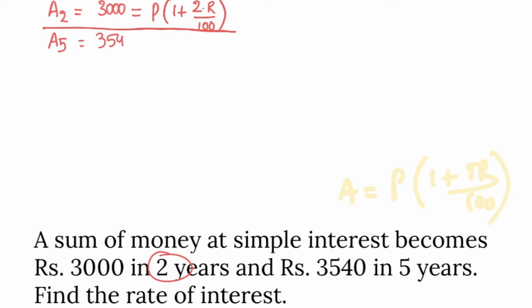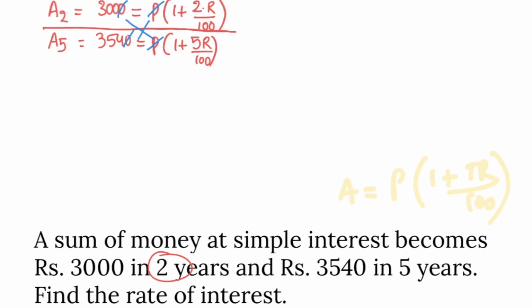3,540 is equal to P into 1 plus 5R by 100, and find that ratio. We can cancel the zeros and P cancels.